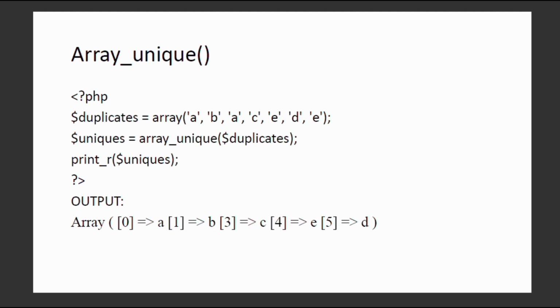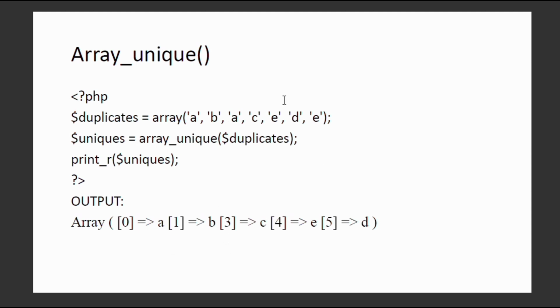Here you can see the array called duplicates that contains A, B, A, C, E, D, E. Means in this array we see multiple duplicate items. Here you can see A is present 2 times and E is present 2 times. So it contains duplicate values, but using array_unique, it removes the duplicate values in the array.